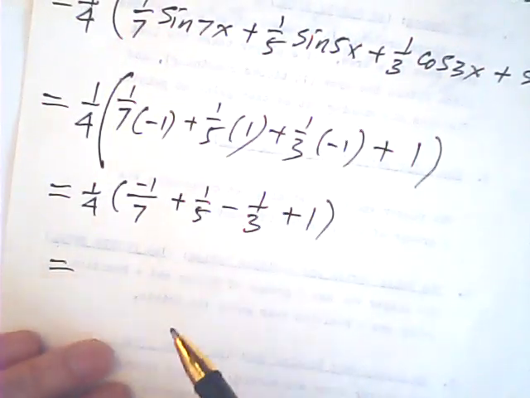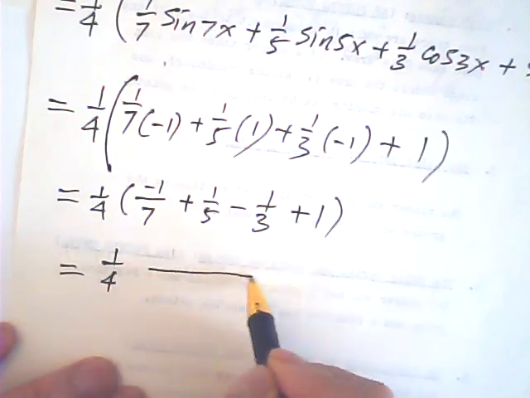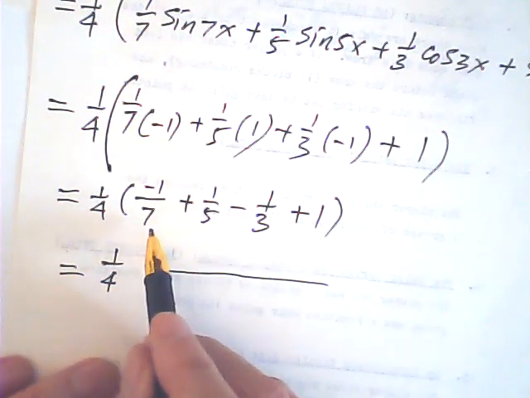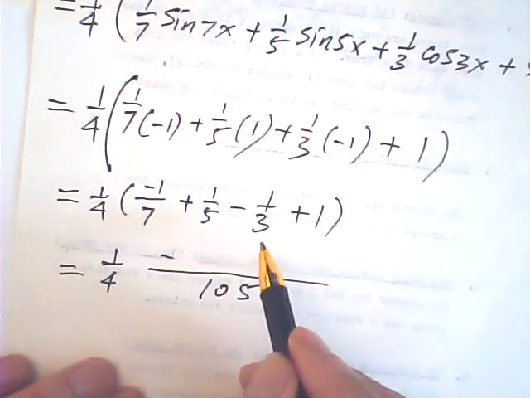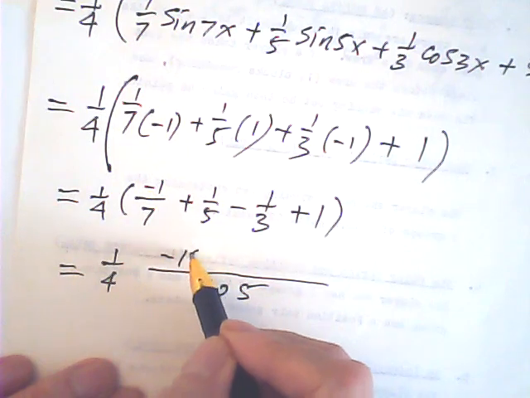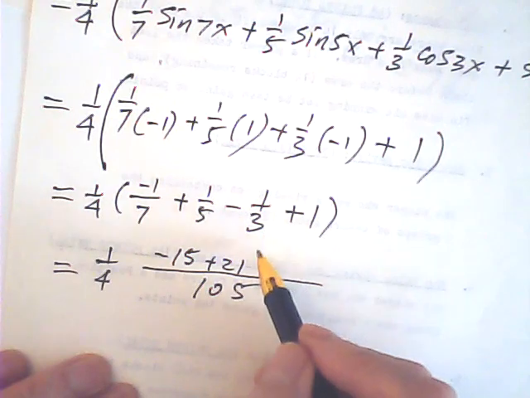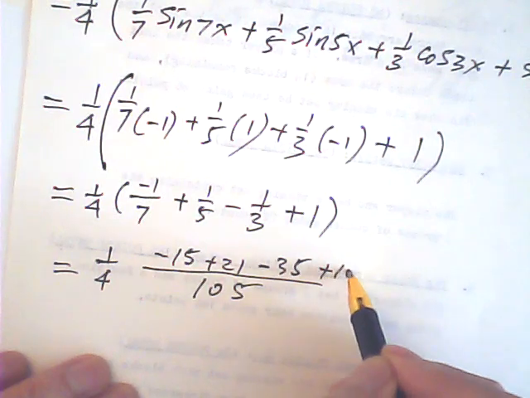Well, this is just calculation. The common factor is 105. This is negative 15, positive 21, minus 35 plus 105.